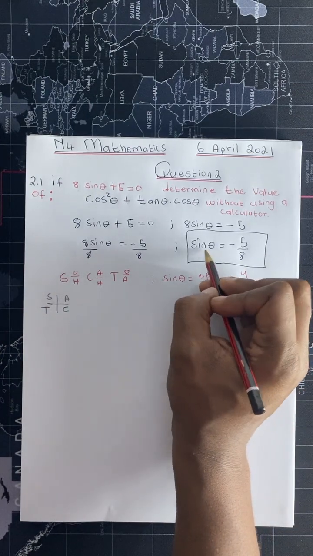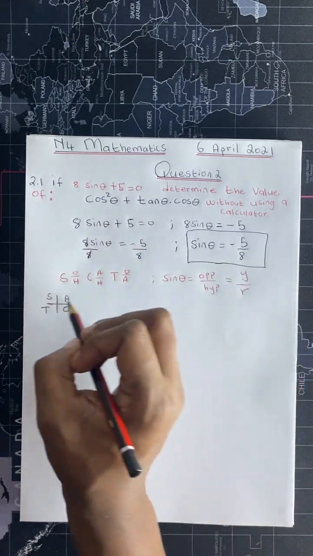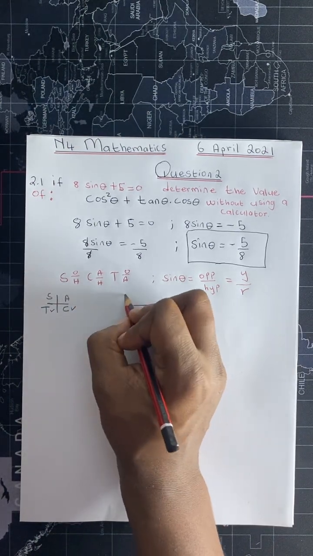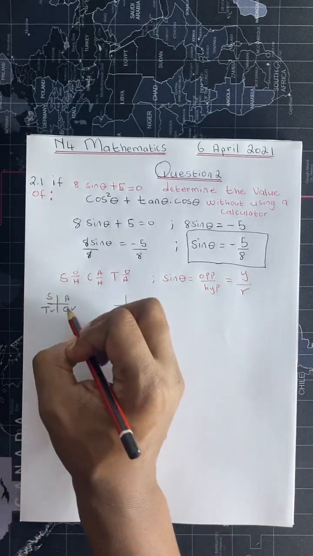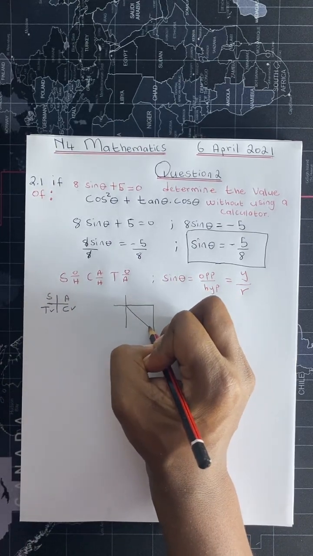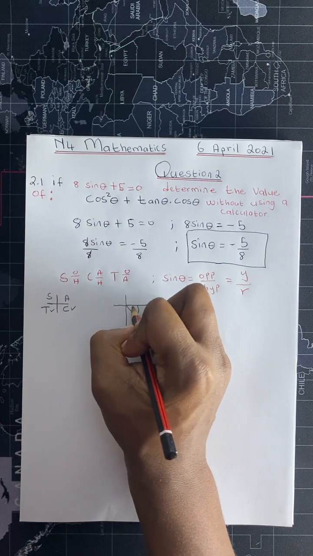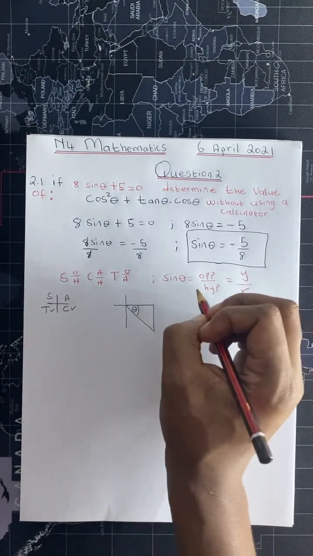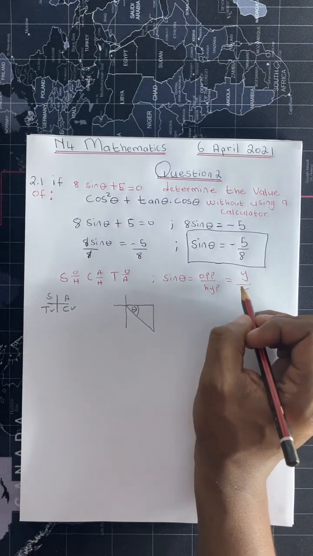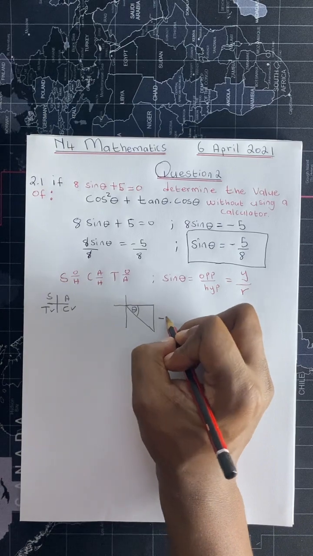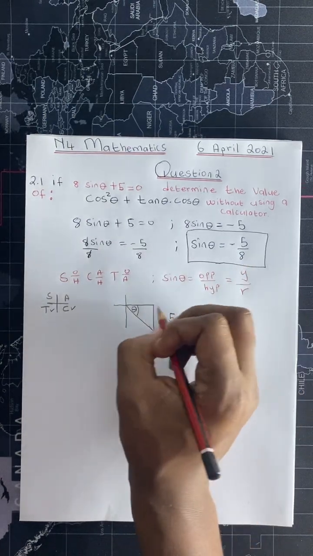So this sin theta is negative, so it's either this side or that side. So we can just guess that it's that side. So we have our theta, and sin theta is equal to opposite, which is negative 5, over hypotenuse, which is 8.